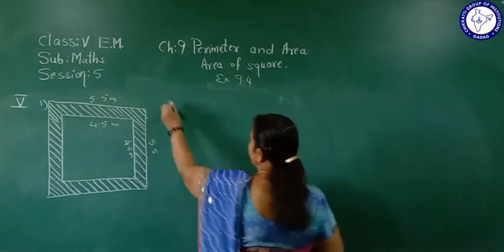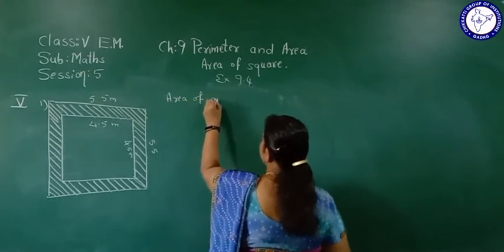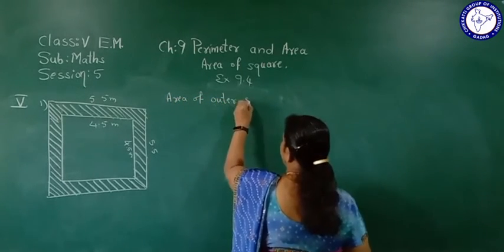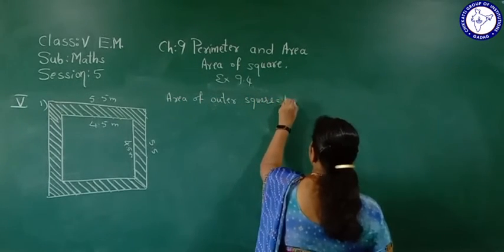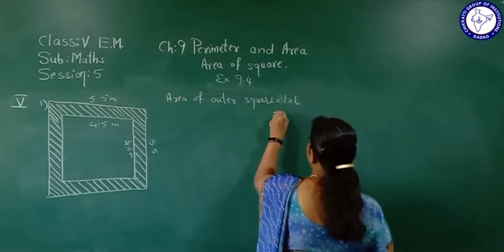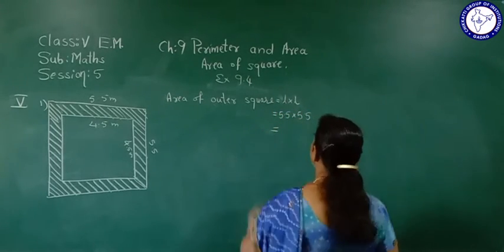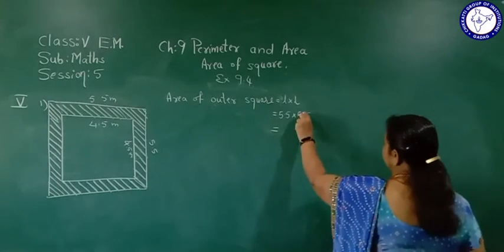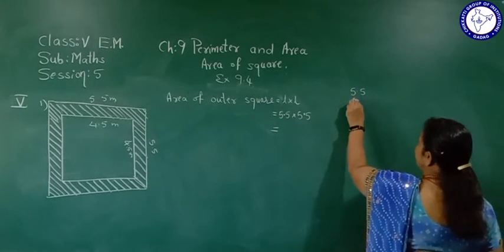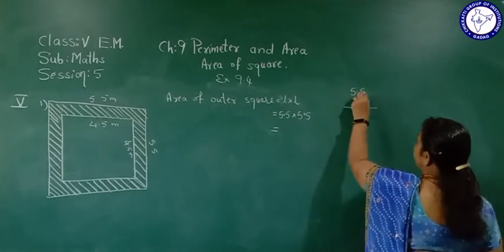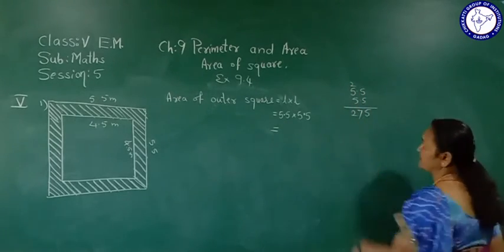So here area of outer square, that is outside, or bigger square equals to length into length, which is equals to 5.5 into 5.5. So here multiply 5.5 into 5.5. 5 5s are 25, carry 2, 5 5s are 25 plus 2, 27.